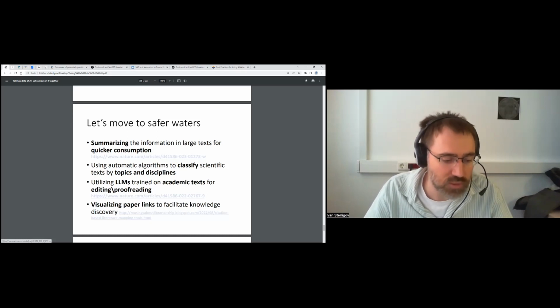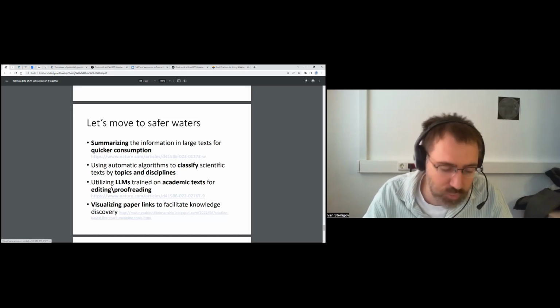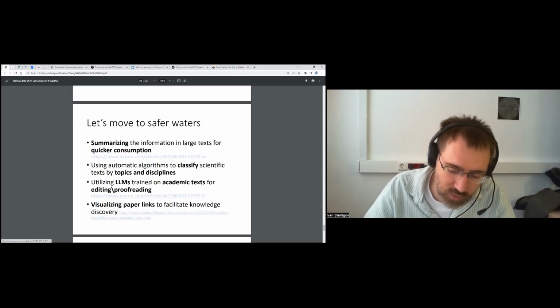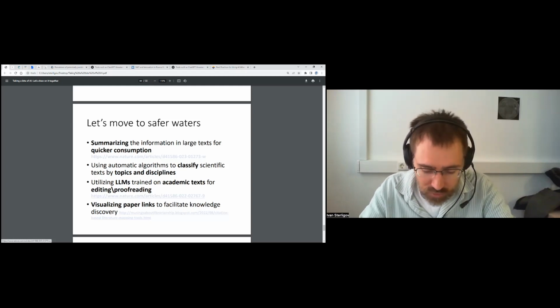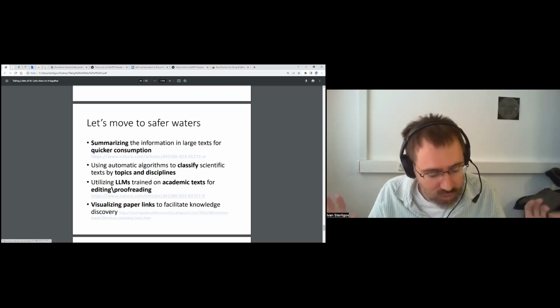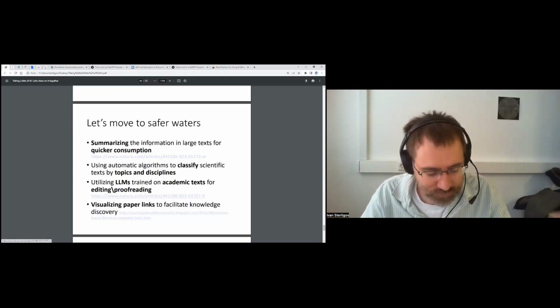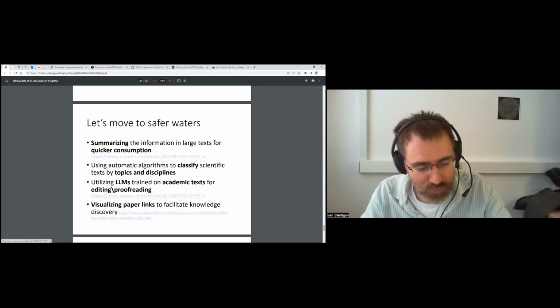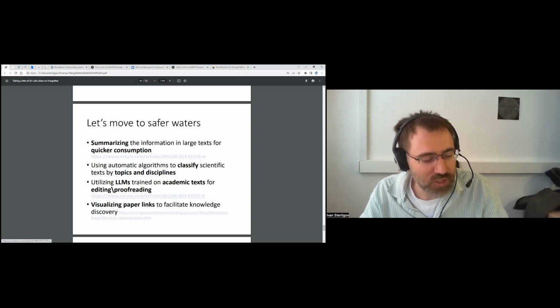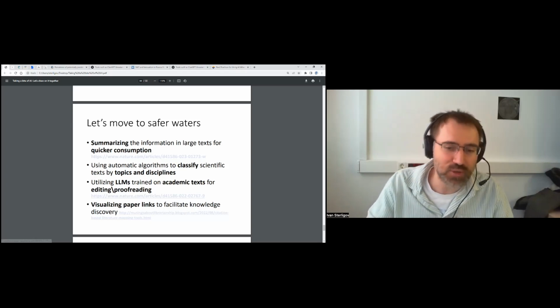Also, GPT-4 has huge leaps in understanding, in these murky terms, I say, understanding pictures and tables and some graphs.